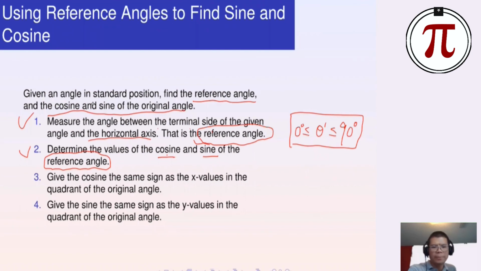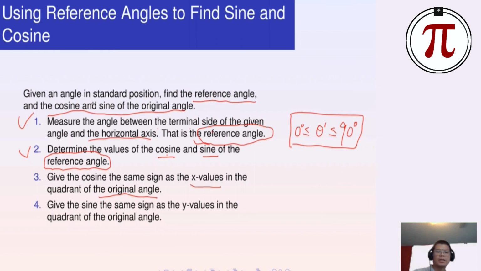Now, step 3, give the cosine the same sign as the x values in the quadrant of the original angle.